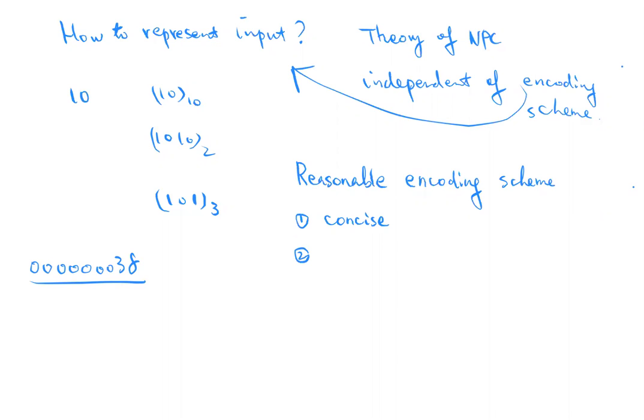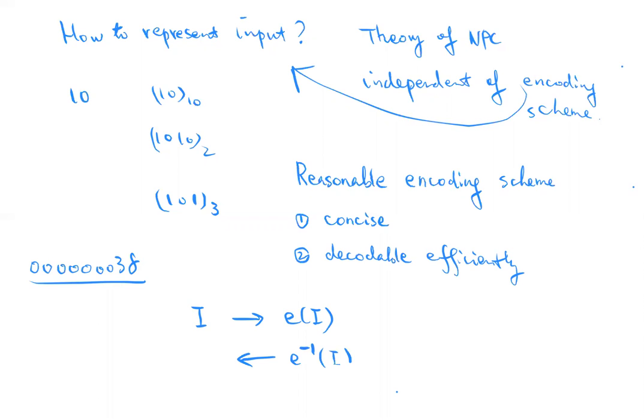The encoded string must be decodable quickly, efficiently. So for an input I, we have its encoding, E(I), all right? Then we will be able to compute its reverse function easily. That's what decoding means, computing E inverse of E(I), which will give us the value I. That part should be done efficiently.